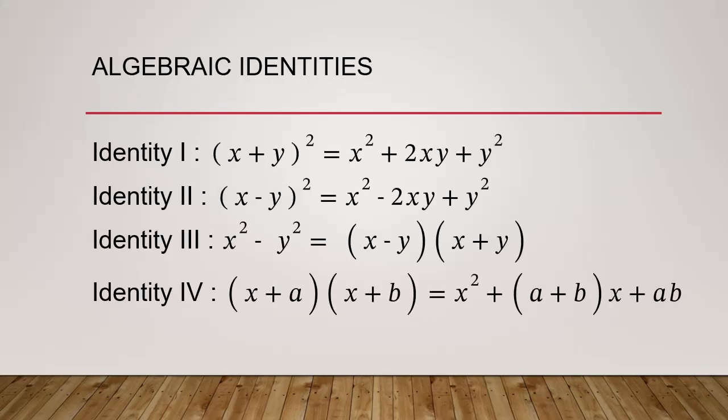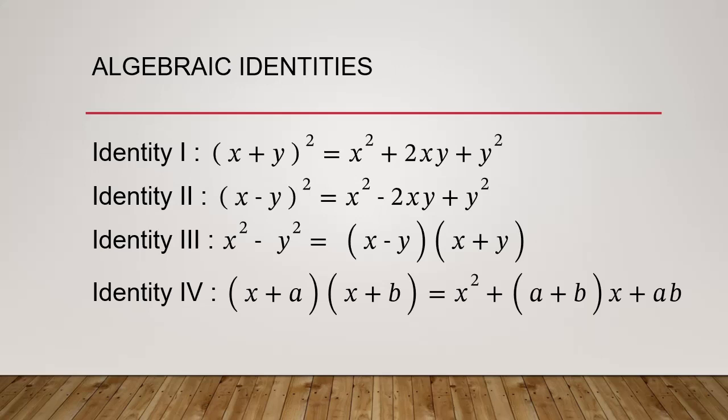Now, factorization of polynomials by using algebraic identities. In our syllabus we have a total of 8 identities which help us in factorizing polynomials. Starting with identity 1, we have x plus y whole to the power 2 is given by x square plus 2xy plus y square.